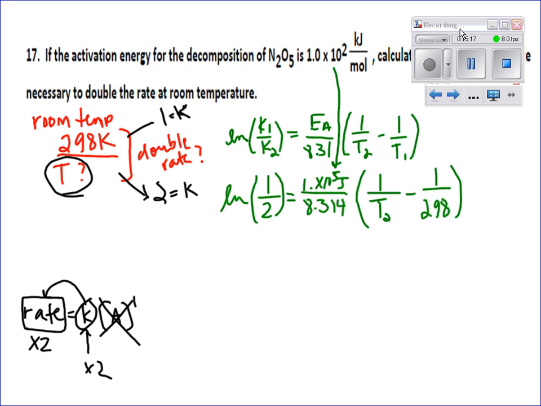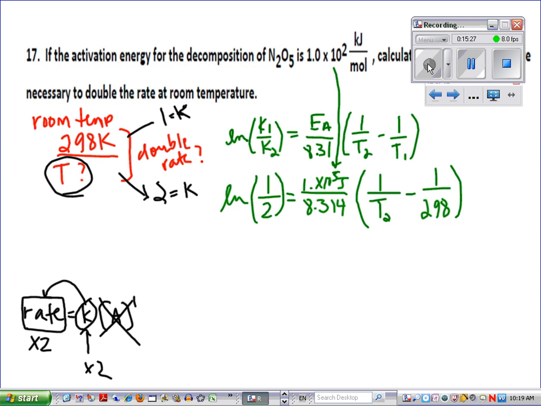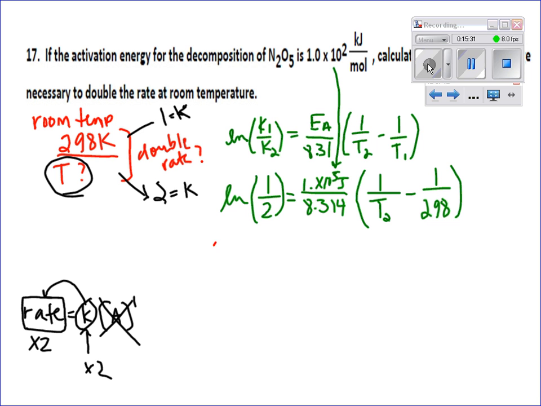So plugging all this into my calculator, we know this from first order yesterday. This is negative, oops, I think I messed this up. I'm going to pause and fix this. So I had it right. So we're going to take the natural log, and we get negative 0.693 is equal to, when I divide these two numbers, I get 12028, times 1 over x, I'm solving for that, minus 1 over 298.